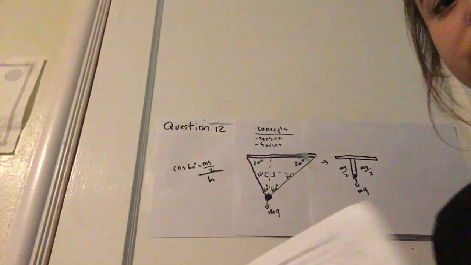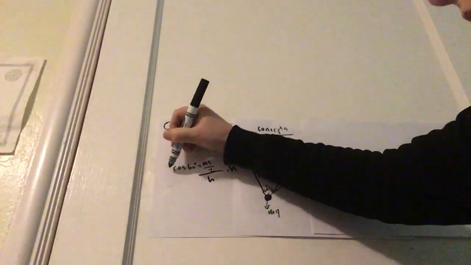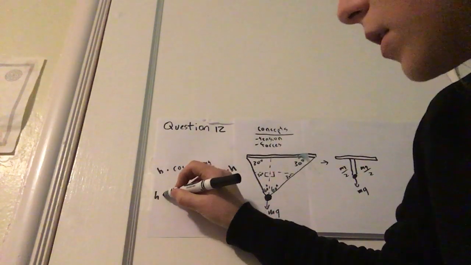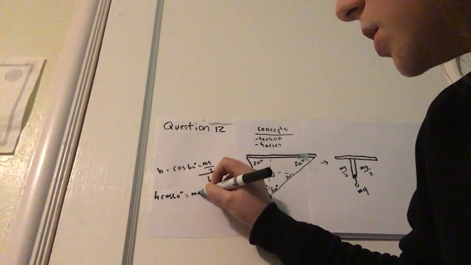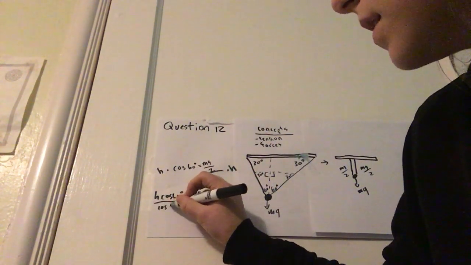I'm solving for h. So first I'm going to multiply both sides by h: h cosine of 60 degrees is equal to mg over 2. Then I'm going to divide by cosine of 60.